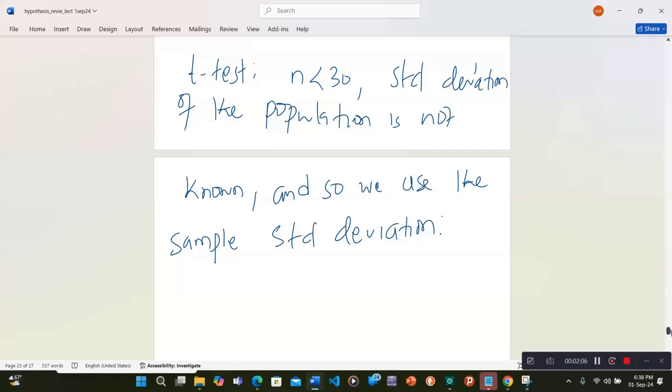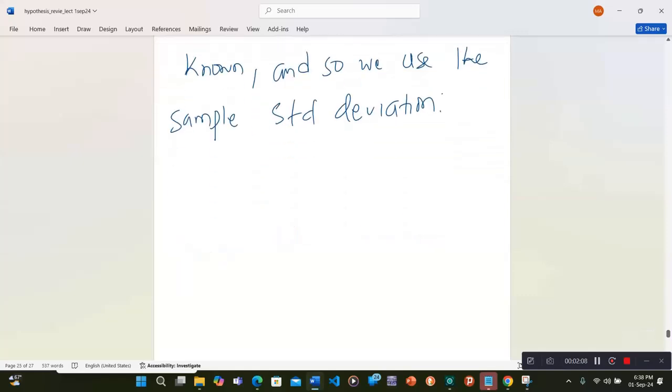The sample standard deviation is obtained from this.